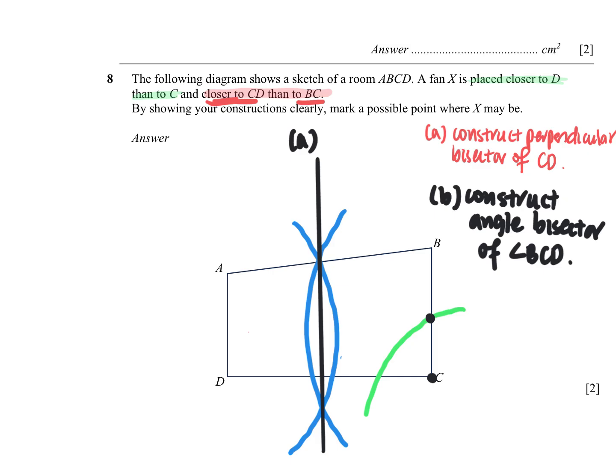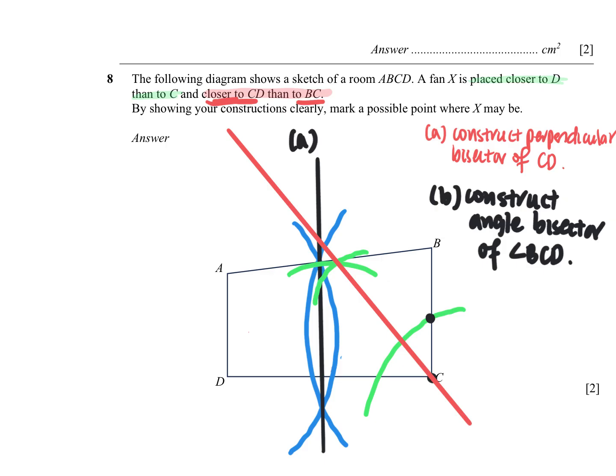Open it to a certain distance and swipe it further. And same distance, swipe it on the other end. Where did the other line come from? Okay, wait. This is your angle bisector.